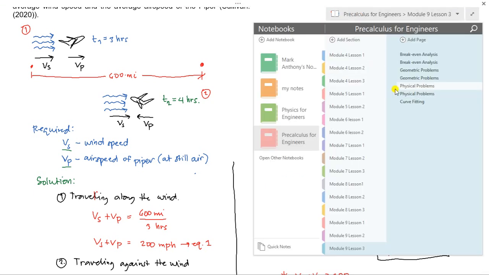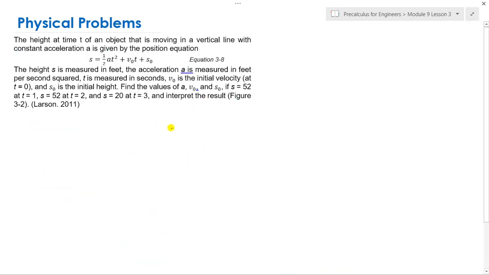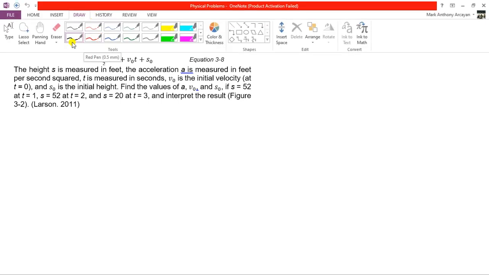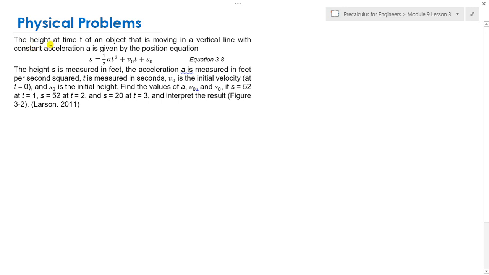Okay, so let's proceed to the next one. We have another physical problem but this time a bit different. This is the application of free fall. So we have here the height at time t of an object that is moving in a vertical line.